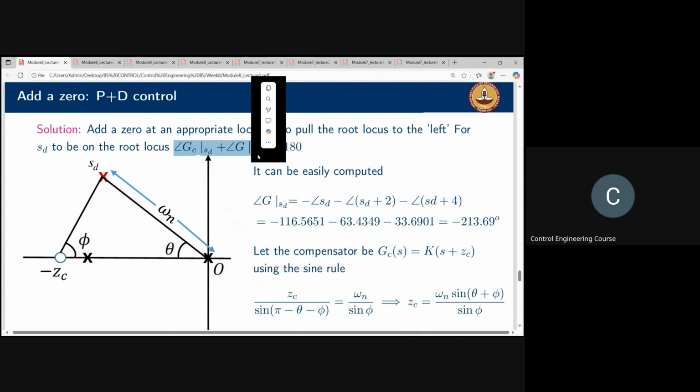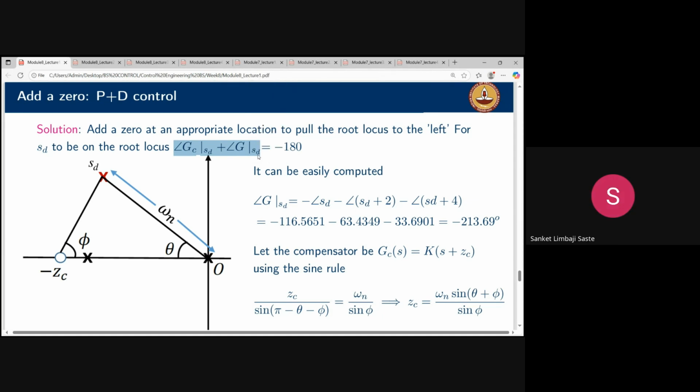If you send the 1 to the right-hand side, it becomes KG is minus 1, so G is equal to minus 1 by K, and so the angle of that is minus 180.